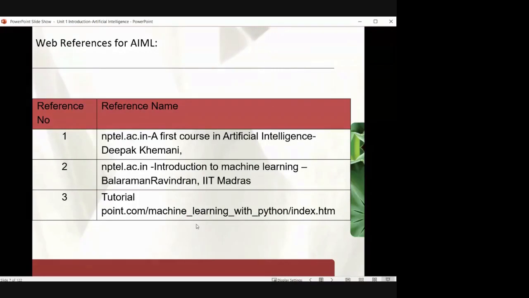And a Tutorialspoint machine learning with Python course is also there. So these are the 3 web references we are having for practical implementation of AI, where you will get different assignments and problem statements through which you will get the idea of how to solve AI problems. So these are all web references.